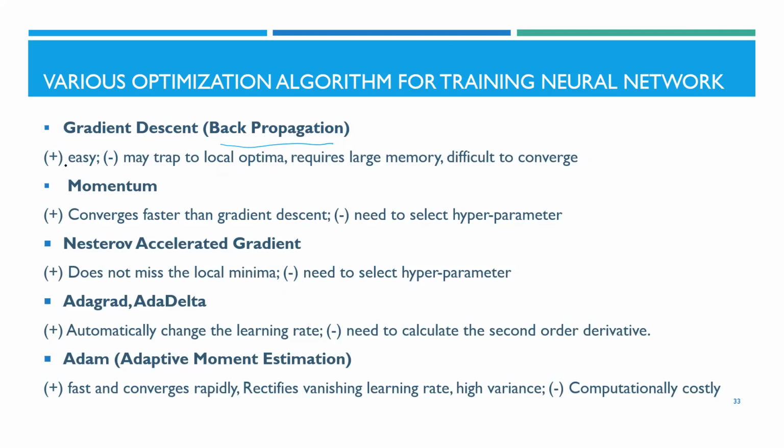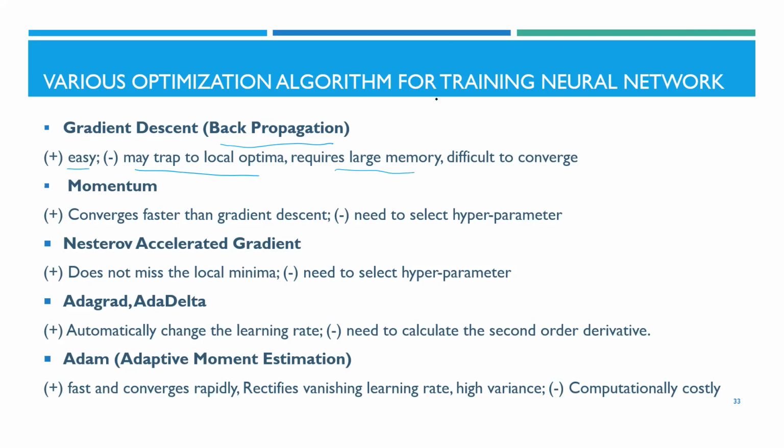It is actually very easy in terms of computation. However, it may get trapped in local optima. This is the most common problem if we try to find an optimal value using a numerical approach based on gradients. It may get trapped in a local optimum, and of course it requires large memory.